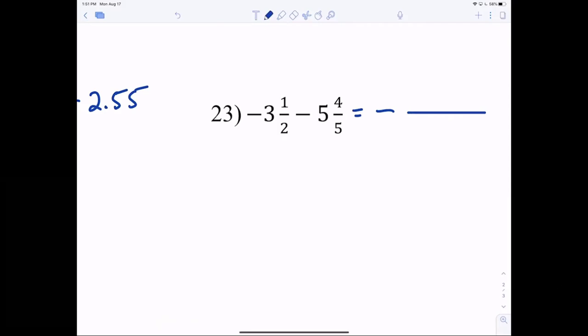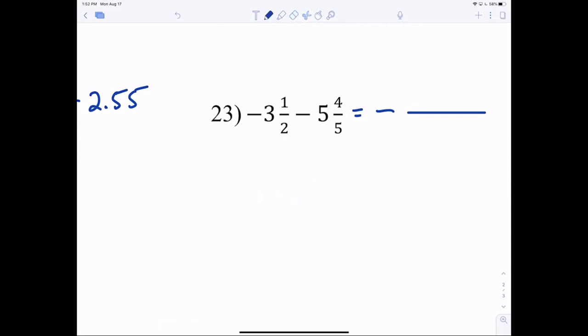The reason I normally say put them as improper, we don't want to do it now, because what if I did something like 29 and 37 over 89? I don't want to do that. You see what I'm saying, right? It's much easier in this case. It's all about simple, right? It's much easier to just go ahead and get a common denominator.